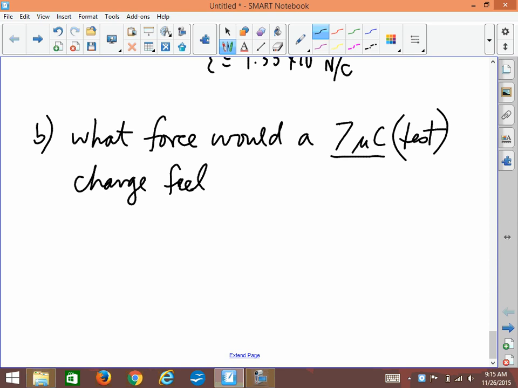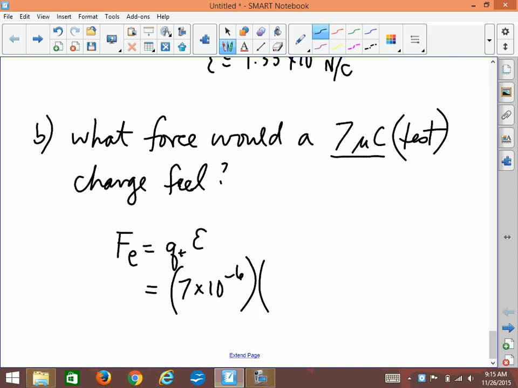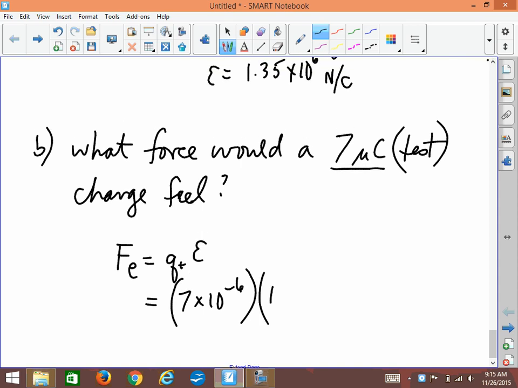Well, then you can do Fe equals q times the electric field strength. So you could do 7 microcoulombs, 7 times 10 to the negative 6, times the strength of the field you just figured out, which is 1.35 times 10 to the 6. Not a very big force at all.